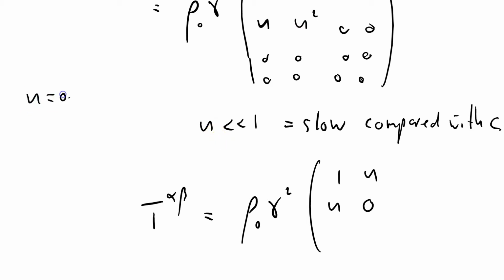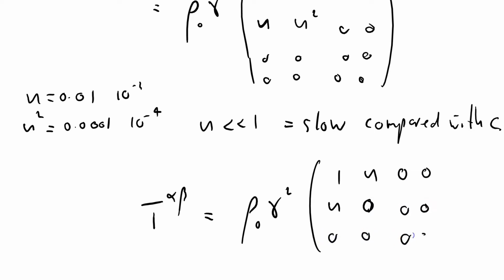So u might be 0.01, that's still quite quick by terrestrial standards, I guess. u squared is 10 to the minus 4, yes. So we can ignore terms of second order and above, that's why I wrote the 0 down there.